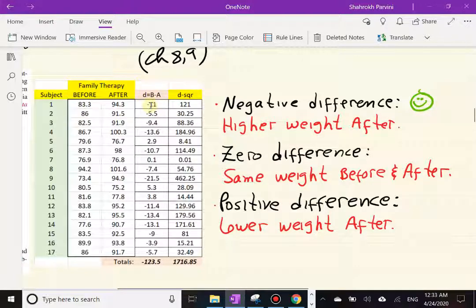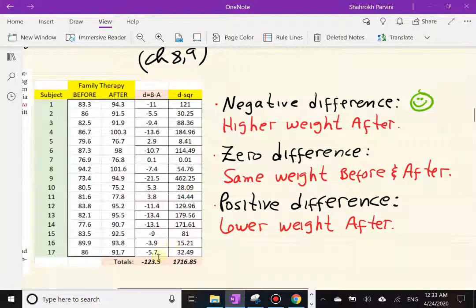This is going to help me when I set up my alternative hypothesis. Is family treatment effective? That means, is the average difference negative, less than 0? That would mean higher weight. A 0 difference means weights are the same before and after. And a positive difference means a lower weight afterwards.